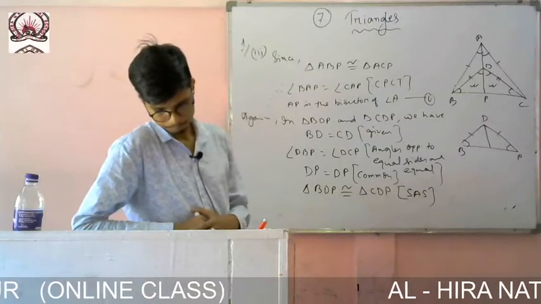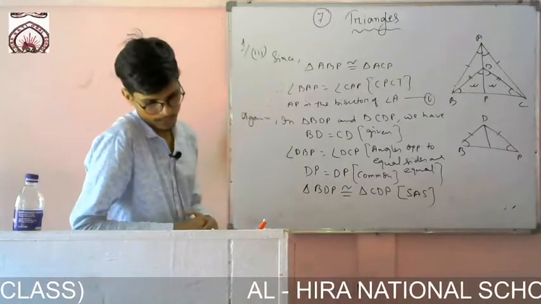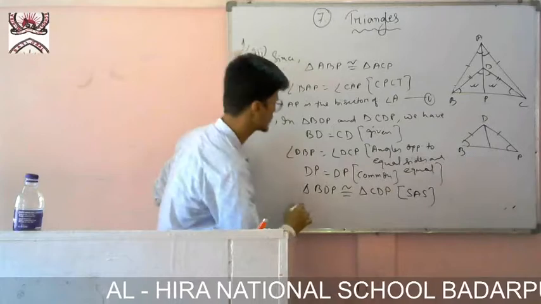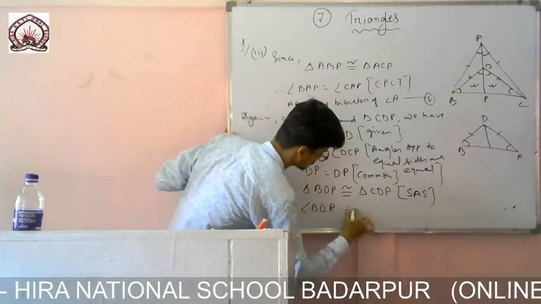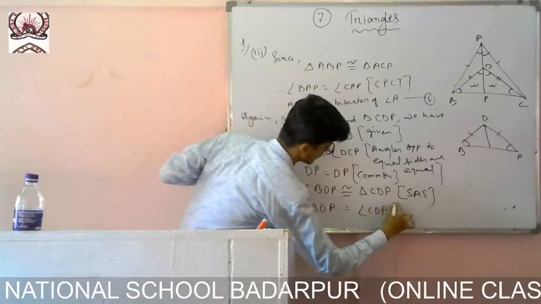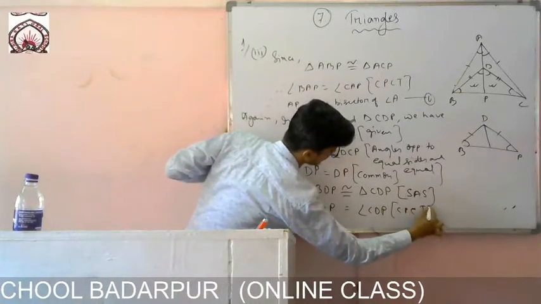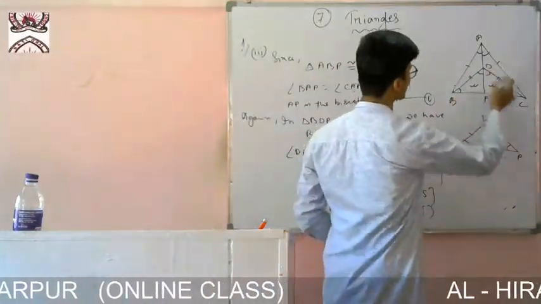So if these two triangles are congruent, then angle BDP equals angle CDP, and the reason will be corresponding parts of congruent triangles.